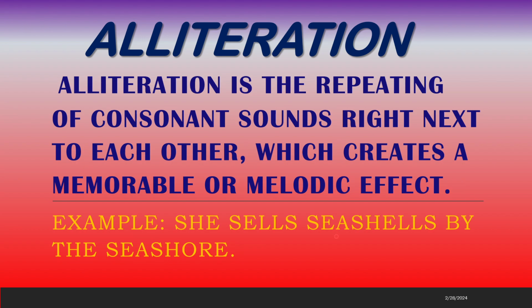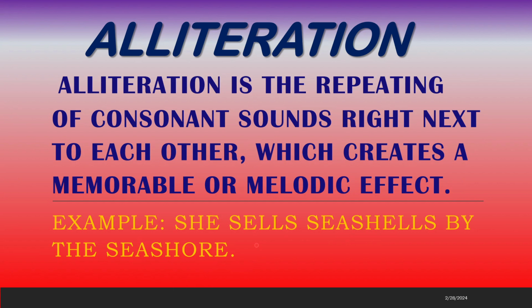She sells seashells by the seashore. It's like a tongue twister, isn't it? In this sentence, do you find any alphabet repeating? It's S. S for she, then sells, seashells, then seashore.